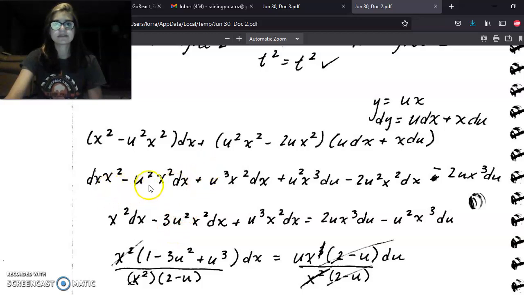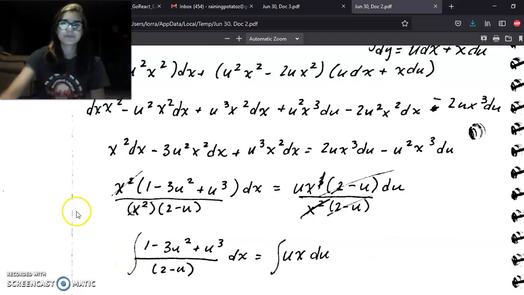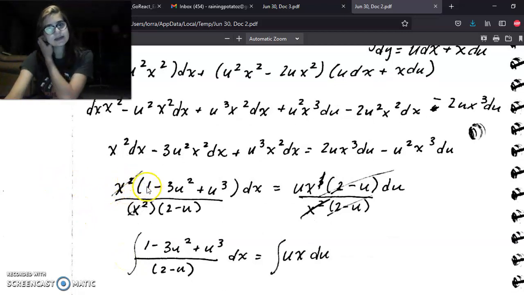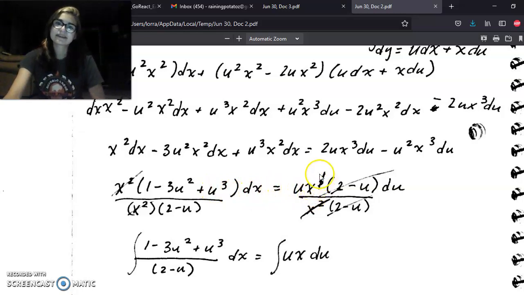So for instance, this u squared x squared dx combined with the u squared x squared dx to form this. And so ultimately, you end up with x squared times 1 minus u squared plus u cubed dx is equal to ux cubed times the quantity of 2 minus u du. And so I divided both sides by x squared times 2 minus u to simplify these equations.